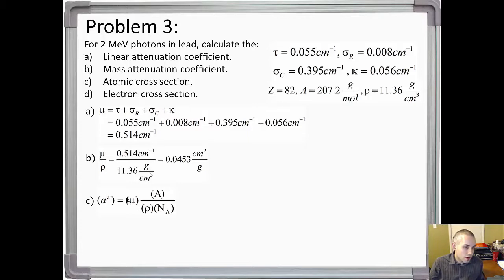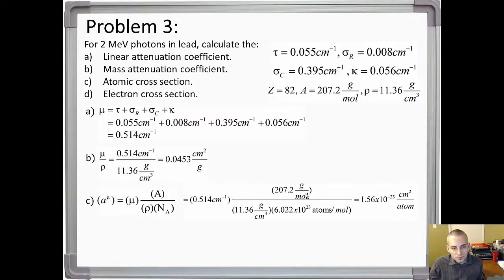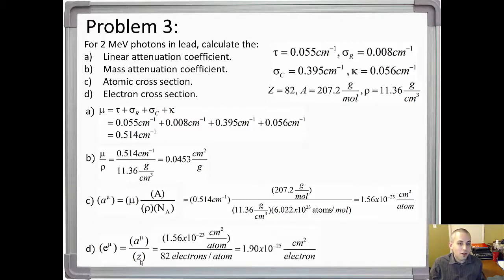I know it with mu over rho on this side, and the atomic cross-section as the numerator over here. So let's input the values, and we have our solution. Now for electron cross-section, all we're doing is taking the atomic cross-section and dividing it by the atomic number, or number of electrons. We get our answer.